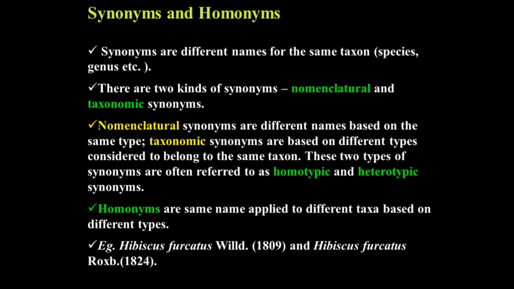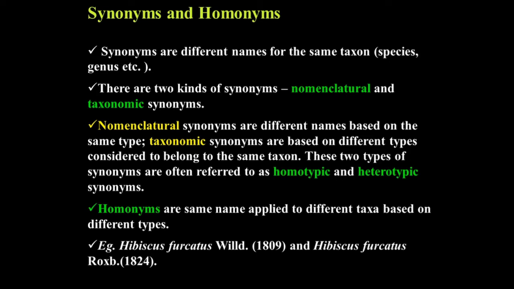And the synonyms are of two kinds. They are nomenclatural synonyms and taxonomic synonyms. Nomenclatural synonyms are different names based on the same type. That is, names proposed based on the same type, and that happens when usually one taxon, for example a species, is transferred from one genus to another genus.